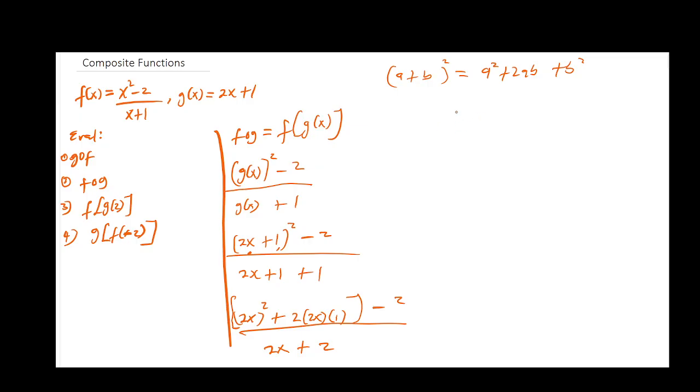Now, if we break that down, we are going to have 2x squared will give us 4x squared, plus 2 multiplied by 2x multiplied by 1 will give us 4x.